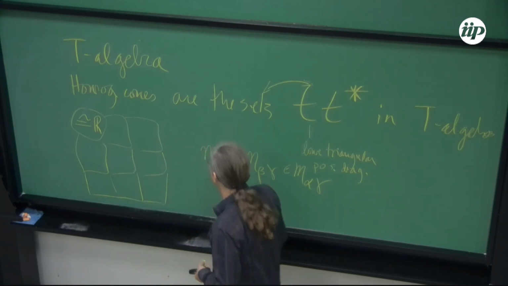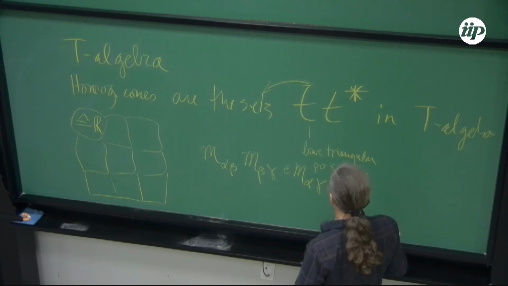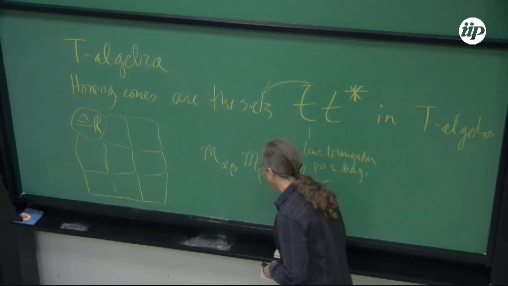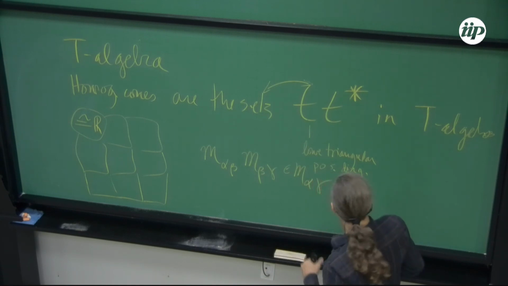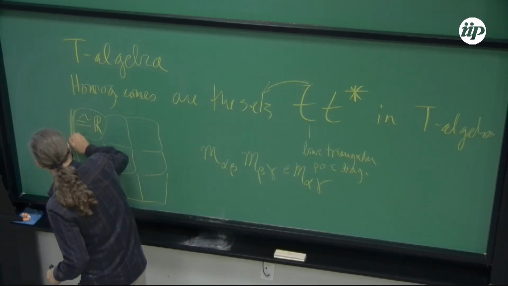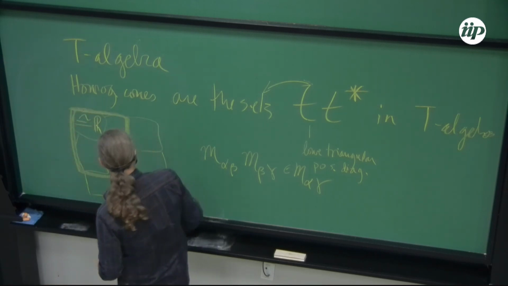And then it turns out that these T algebras decompose into, let's say, some blocks. So maybe these are two such blocks.